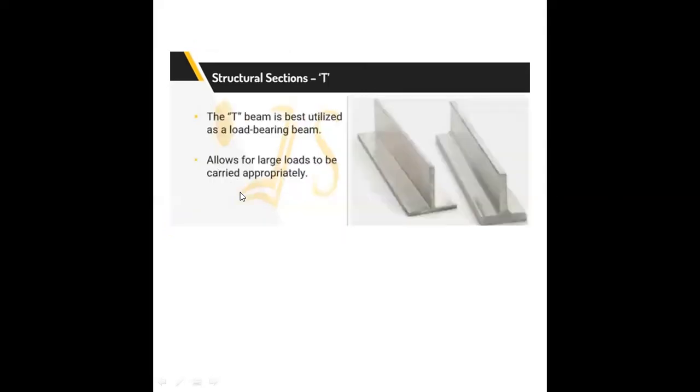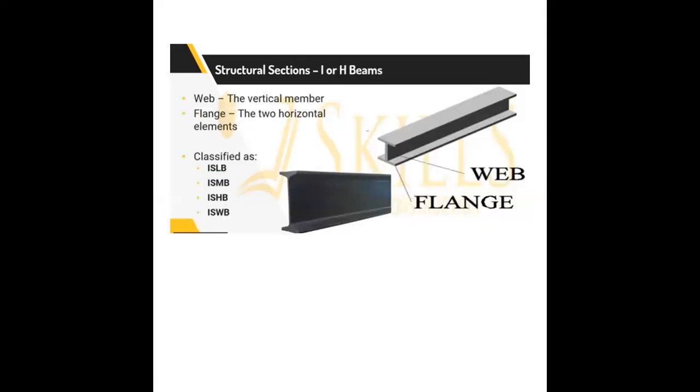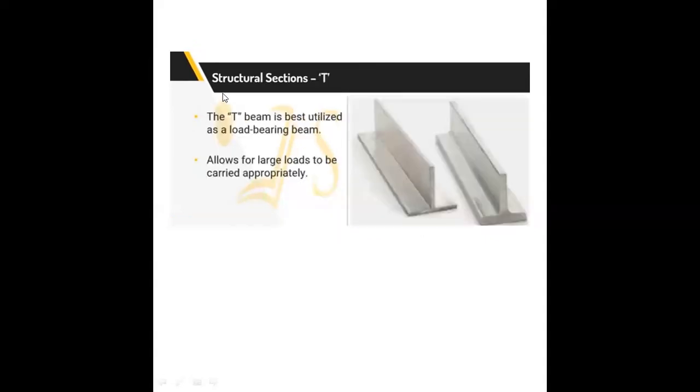Next we discuss structural sections of T type, with webs, flanges, then T types. The T beam is best utilized as a load bearing beam, allowing large loads to be carried appropriately.